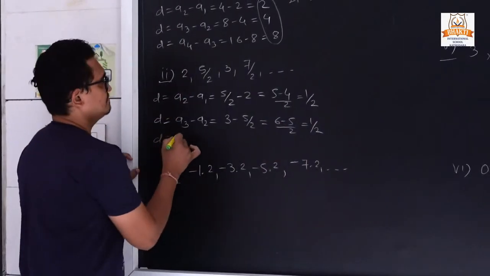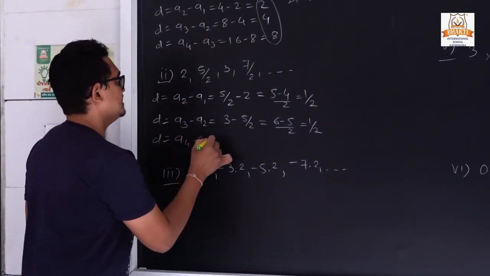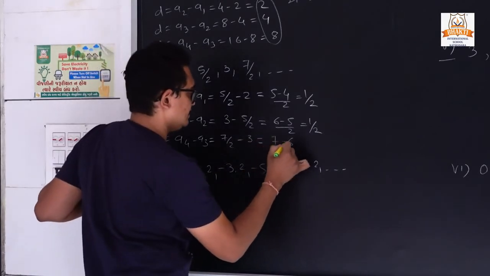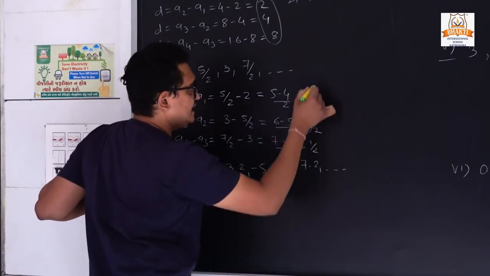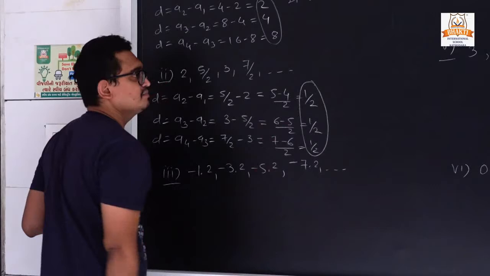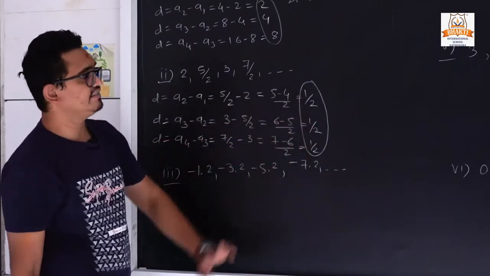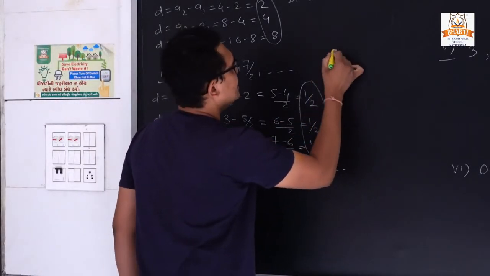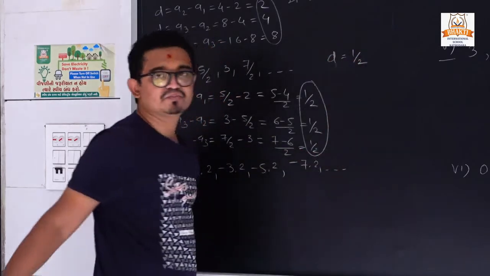And last, 4 minus 3, so 7 by 2 minus 3, 3 2s are 6. So each time we have the same difference. Clear? So we can write D is equal to 1 by 2.